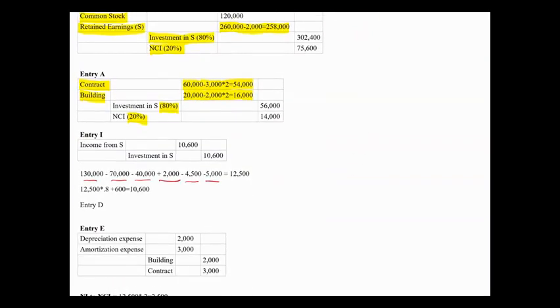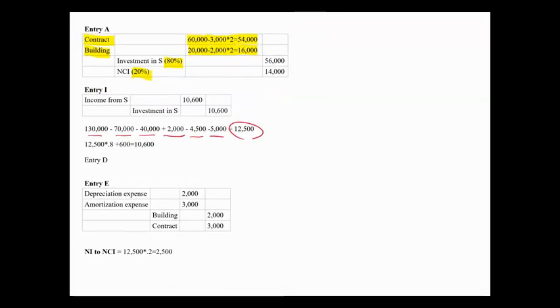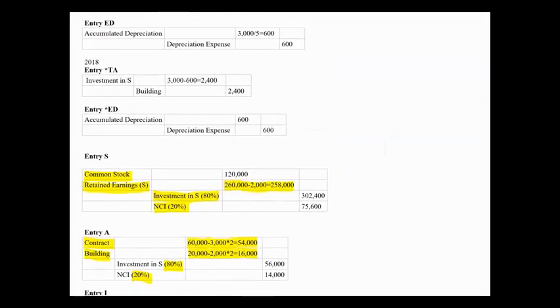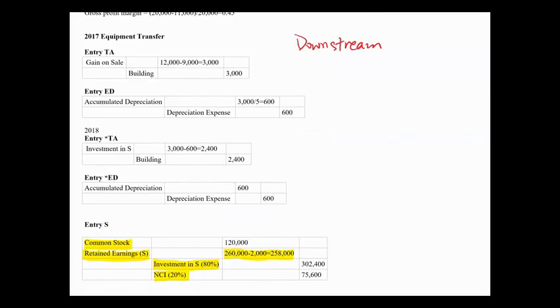So $12,500 is actually the net income from subsidiary, but entry I is a little bit more complicated than that, because there is an intra-entity buildings transfer, and because this is a downstream transfer, and also the parent is using the equity method, it adjusts its investment account and retained earnings for that period by crediting $600 from the investment account.